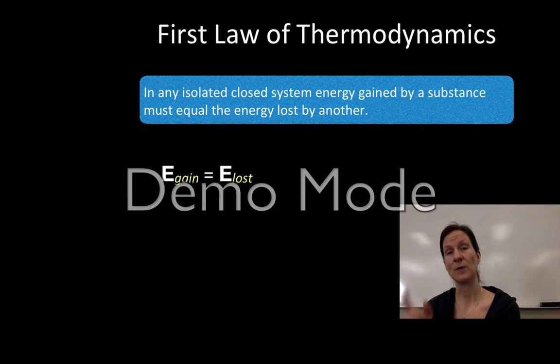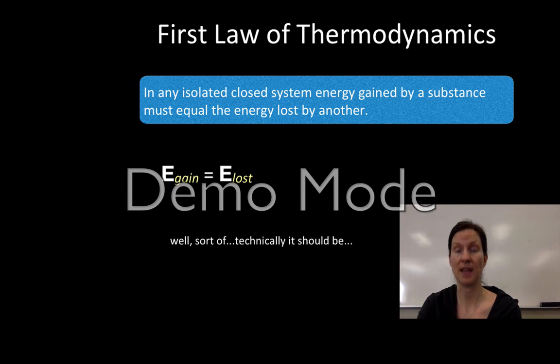And if you think about it one step further, if 10 joules of thermal energy was lost by one thing, that had to go somewhere, right? We always have a system and a surrounding. So if 10 joules was lost by some object, it has to be gained by another. So this first law is saying if I have something that loses 10, I will always have something that gains 10. So energy lost by one thing is always going to equal energy gained by something else.